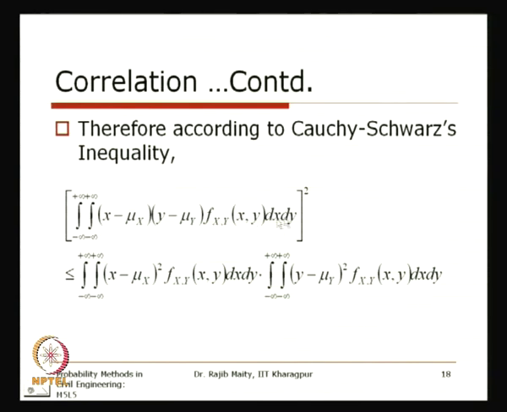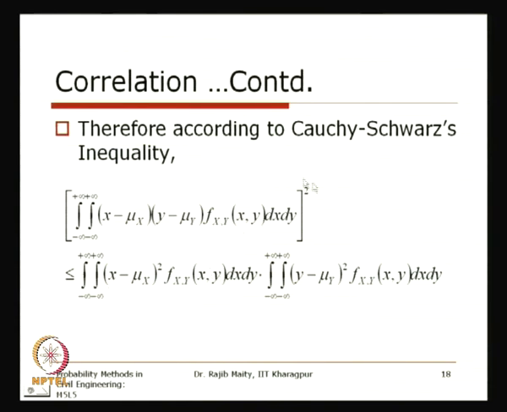Now, if we take this as a square, then x minus mu x square times the joint density, multiplied by the other one, y minus mu y square times the joint density, because there is a square. So, one we are taking here and the other one here. If we take this in integration, it is satisfied with this inequality.